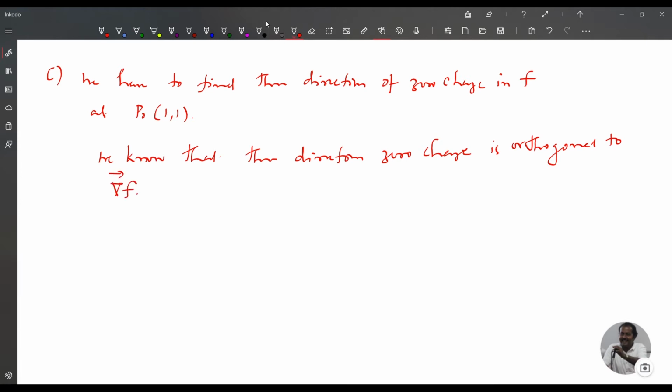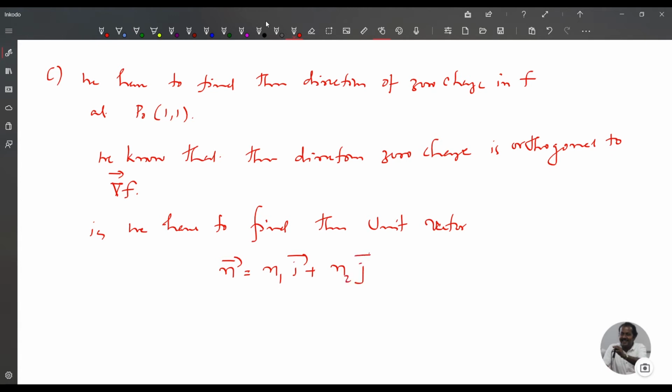That is, we have to find the unit vector n equal to n1 i plus n2 j such that n dot del f equal to 0.